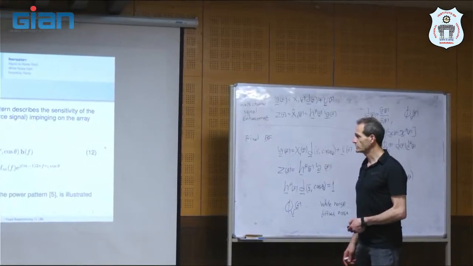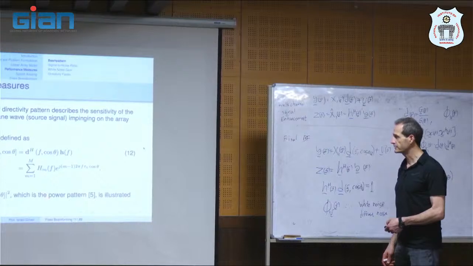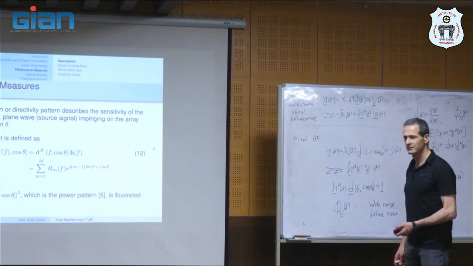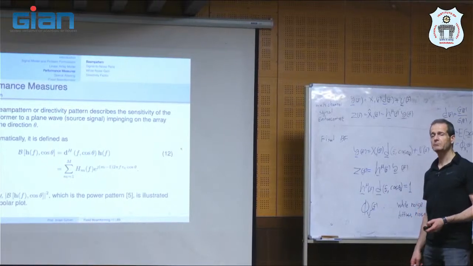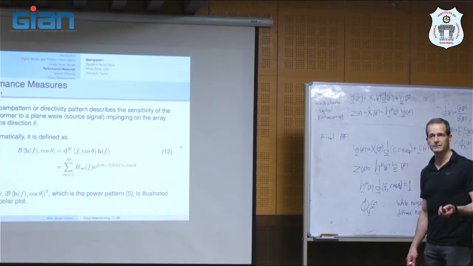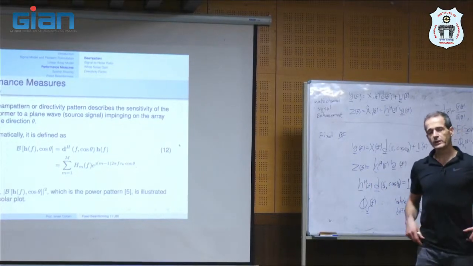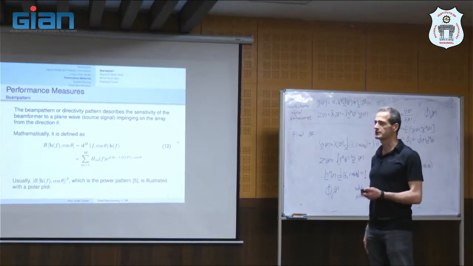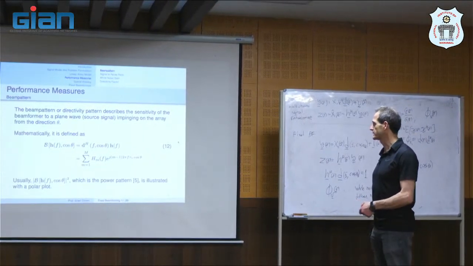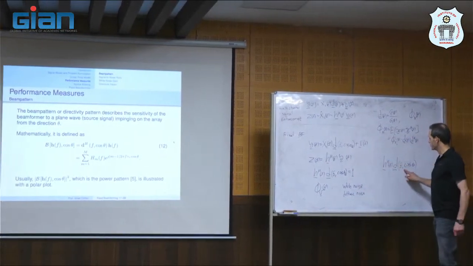And we can take the magnitude squared of the beam pattern, we call it power pattern. But sometimes we call it also beam pattern. Sometimes we call it directivity pattern. All these names are interchanged. That's why you need to define something. Sometimes people use the same directivity pattern, beam pattern, for the magnitude squared. Sometimes they use it for this part. Sometimes they use the transpose conjugate of H applied to this.